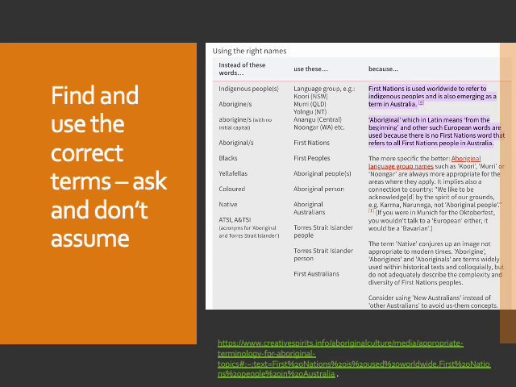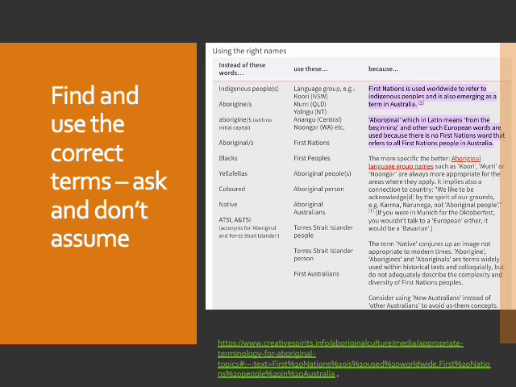So if we have a look at that, the term Indigenous people is not always considered to be a positive one. And so we want to potentially refer to the actual group from their geographical or their language group. So for Perth, it might be our Noongar people and so on.